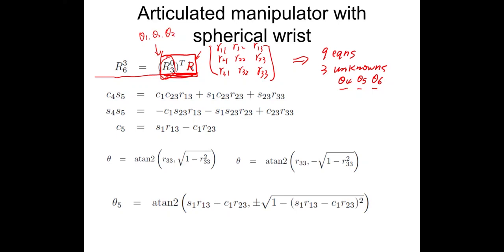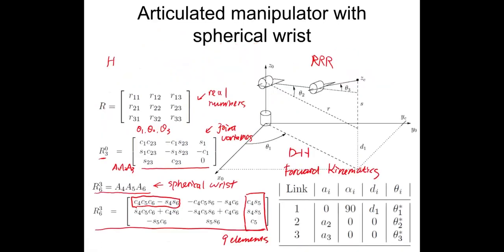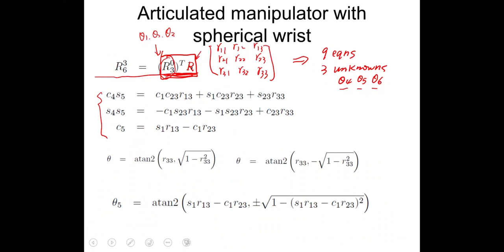And now we're able to come up with 3 equations: these 3 elements equal each other from this matrix and from this matrix. On the right hand side, they are either real numbers or the joint variables theta 1, theta 2, and theta 3. And on this side, they are the unknowns we're trying to solve, which are theta 4, theta 5, and theta 6. In this case, we're just calculating theta 4 and theta 5. So this is the first step.